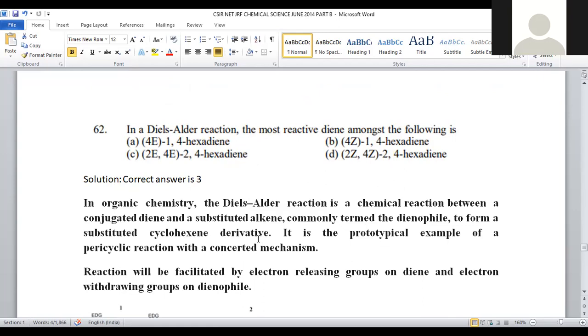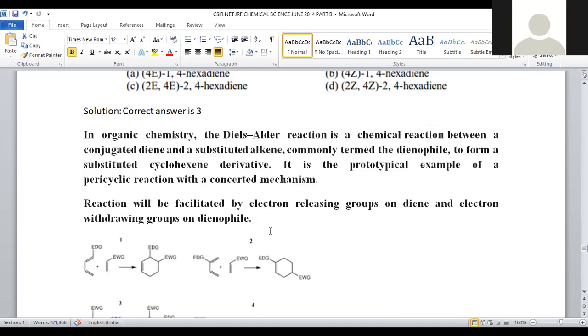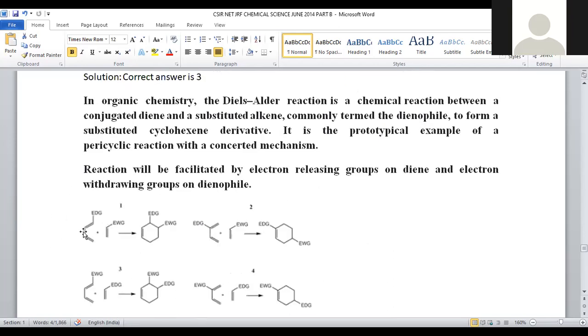So where an electrocyclization reaction is carried out, and a cyclic derivative, that is a cyclohexene derivative, is prepared whenever we are taking a diene and a dienophile, right? So it is a kind of concerted mechanism where the important conditions required are that electron donating groups should be present on the 1,3-butadiene moiety and electron withdrawing groups should be present on the dienophile.